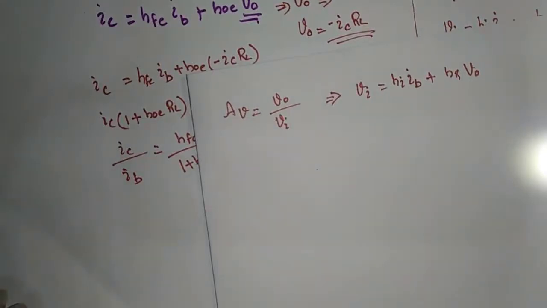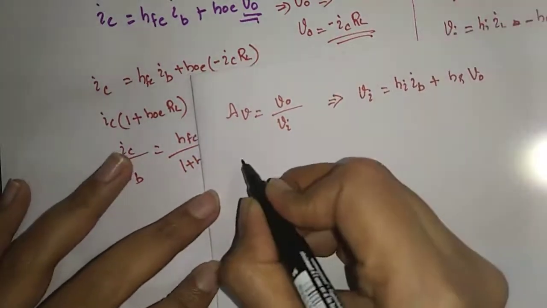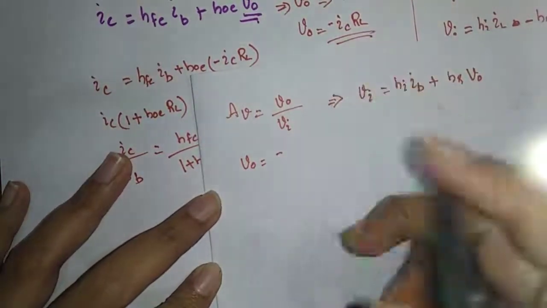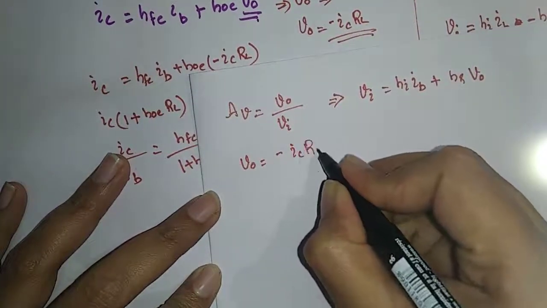Okay, so what I have to find out is output voltage divided by input voltage. We already know that our output voltage is minus IC into RL.